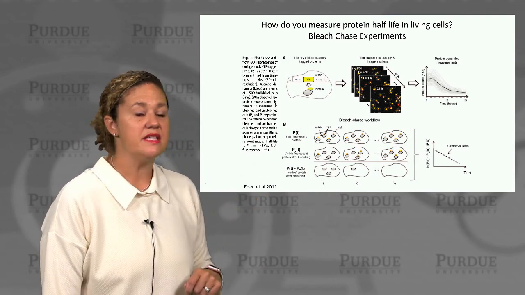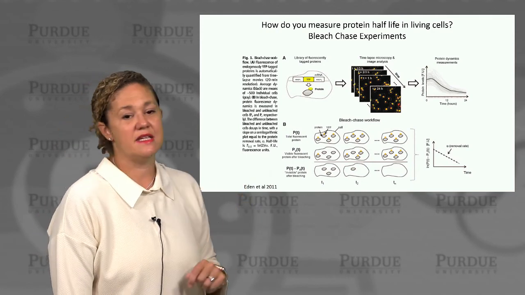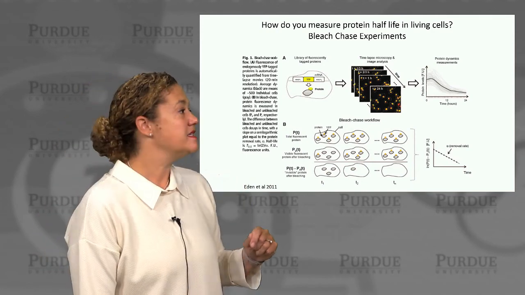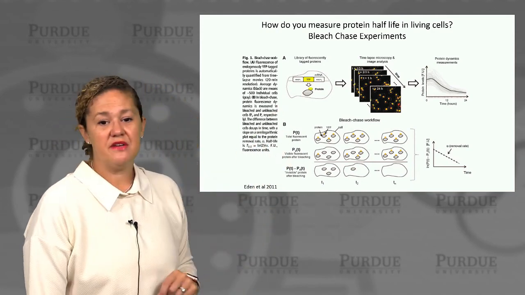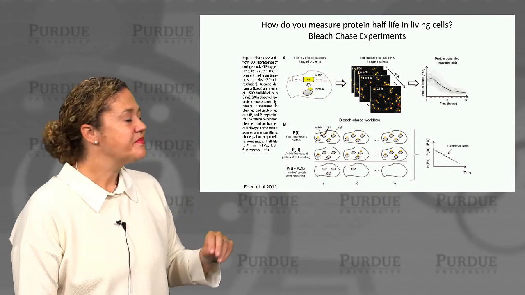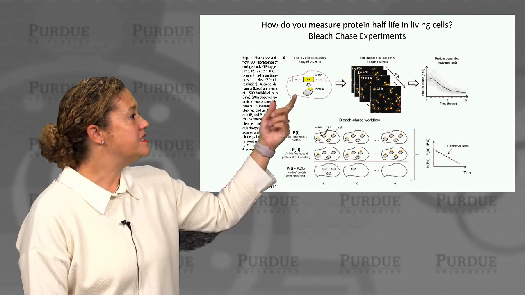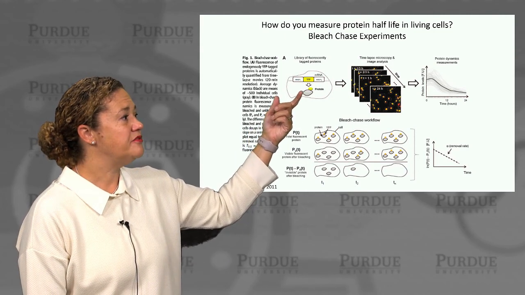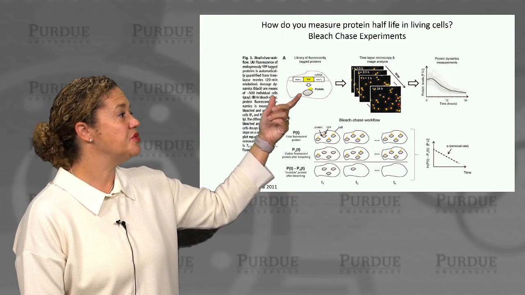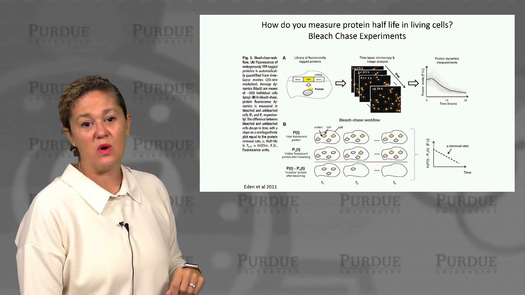Well, one way to do this is through this bleach chase experiment that they devised. What they've done here is they've taken lung cancer cells, and they have an array of these cells, each of which has a different protein that's been fused to a fluorescent tag, in this case YFP.